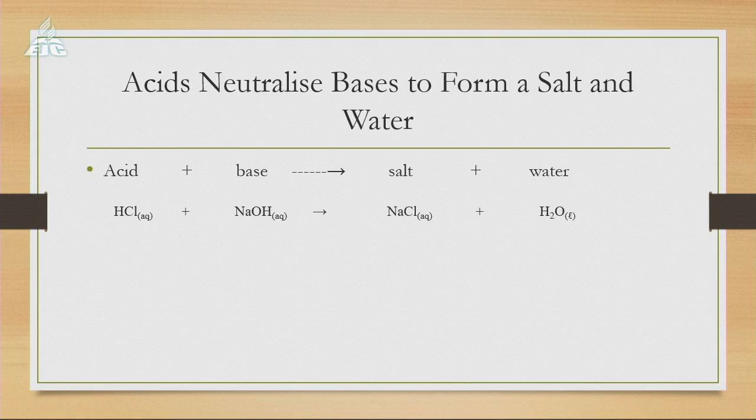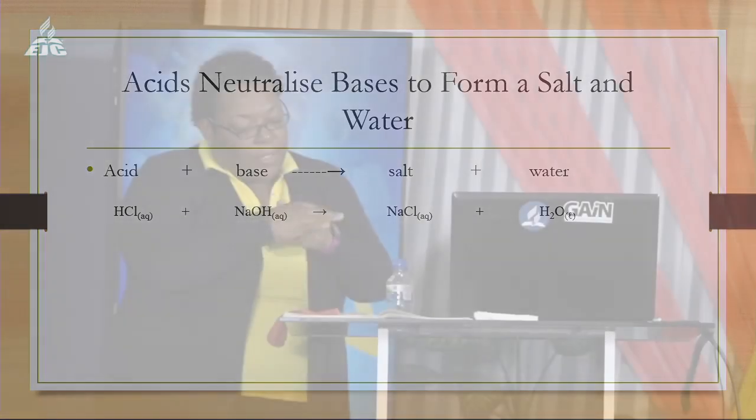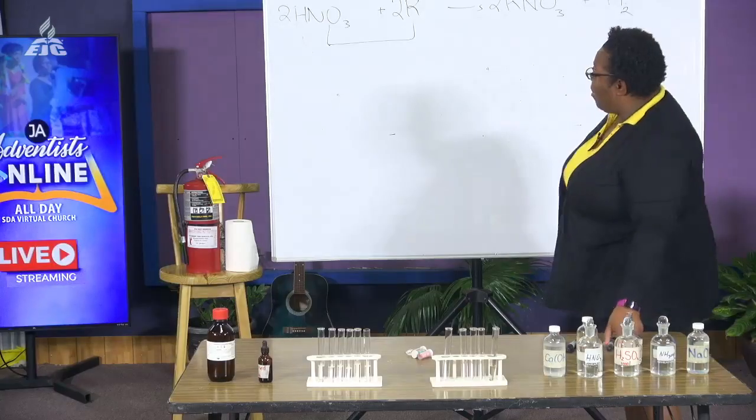Our example here is the one I gave you before. Hydrochloric acid plus sodium hydroxide gives us the salt, sodium chloride, and water. So an acid and a base gives us salt and water only. So we're going to look at another example of another equation that illustrates this characteristic of acids.